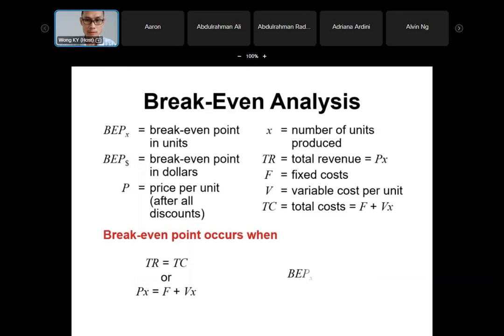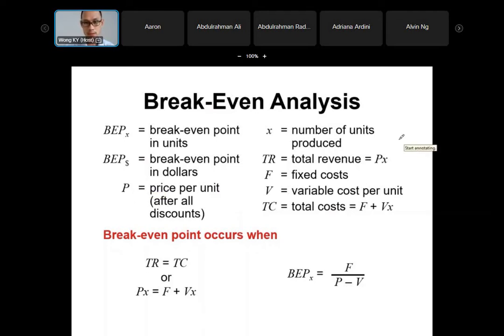So let's look at some formulas to calculate the break-even point. First thing, make sure you know what P is. P is the price per unit product, the revenue or the selling price per unit product. X is the number of units produced. So P times X gives you the total revenue.